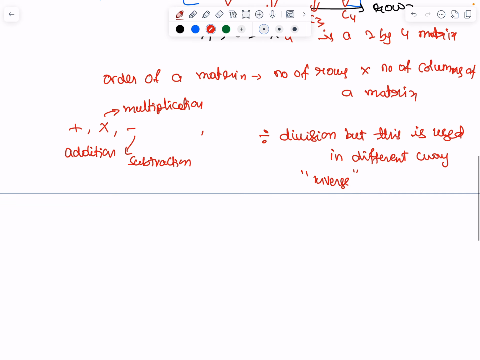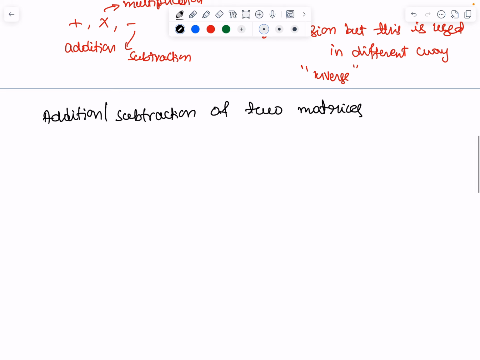So, firstly I want to focus on how you add or subtract two matrices. So, when do you add two matrices or when do you subtract one from the other?